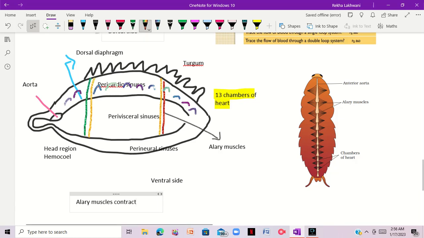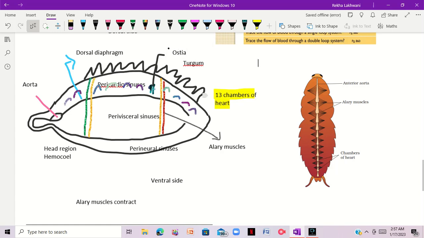I forgot to tell you one more thing: in the chambers of this heart there is an opening, and its name is ostia.